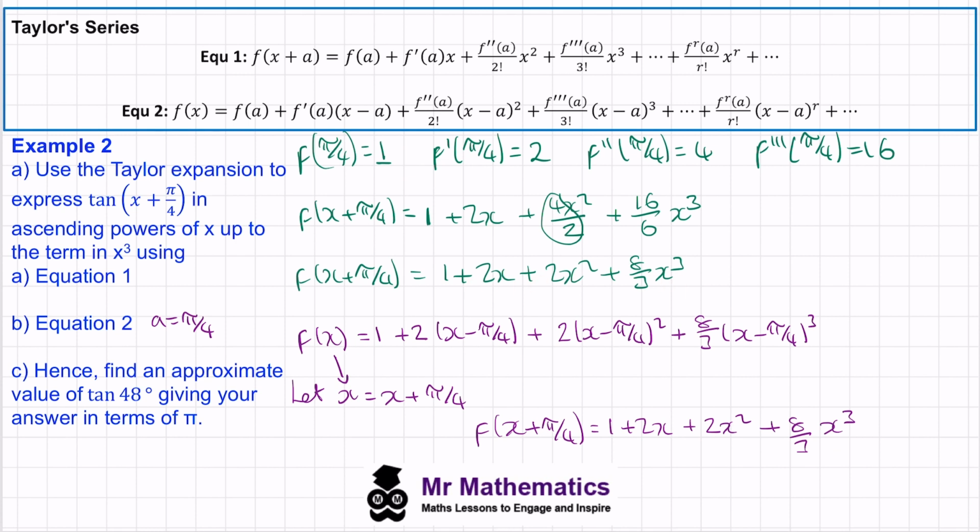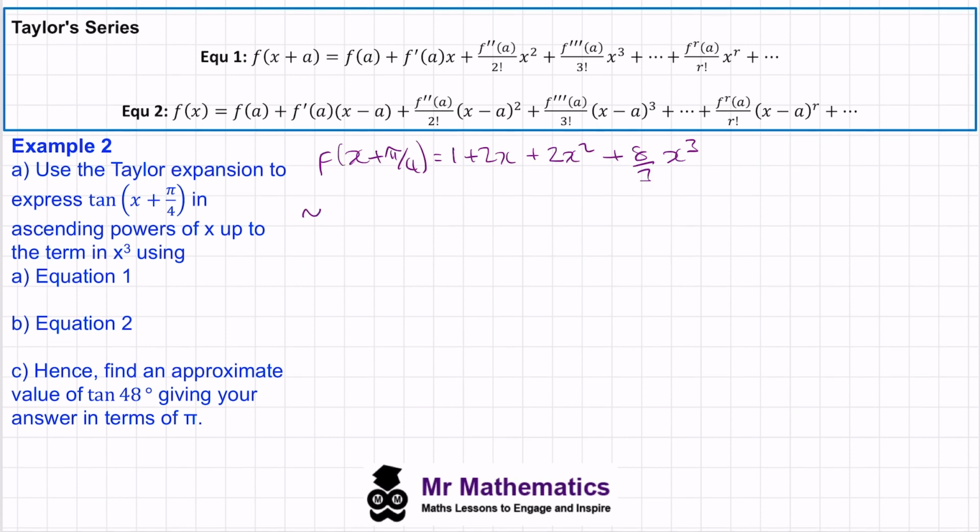Okay, so finally for question C, find an approximate value of tan of 48 degrees, giving your answer in terms of pi. So we know that pi over 4 is equal to 45 degrees. So if we've got x plus the 45 degrees, then x must be 3 degrees. And in radians, 3 degrees is equal to pi over 60. So all we need to do is substitute x equals pi over 60 into our expansion.